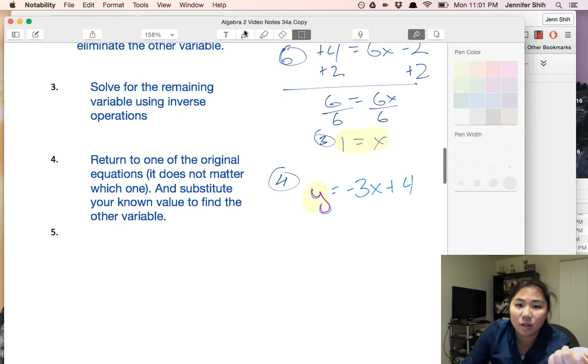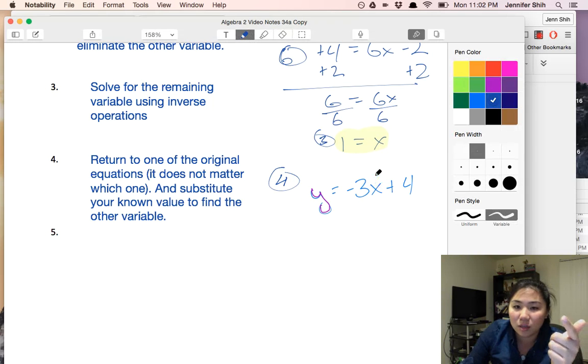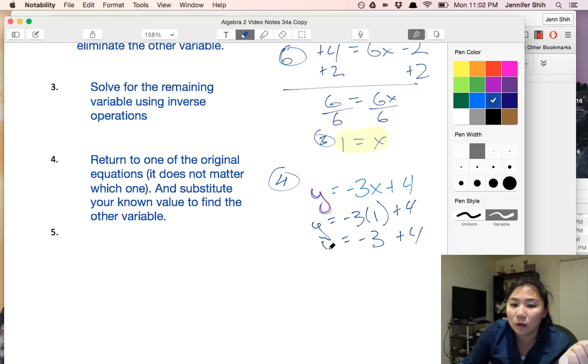Let's substitute x equals 1 into our equation. So y is equal to negative 3 times 1, plus 4. And that's equal to negative 3 plus 4. Watch how I'm writing this. Notice how every line I'm writing y is equal to, because I'm solving for y. All right, y is equal to positive 1.